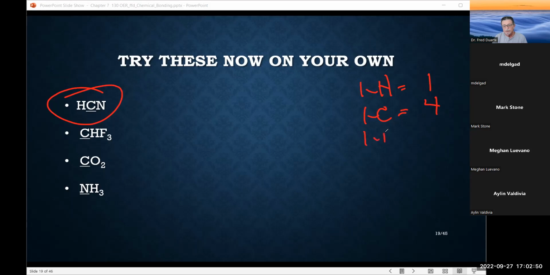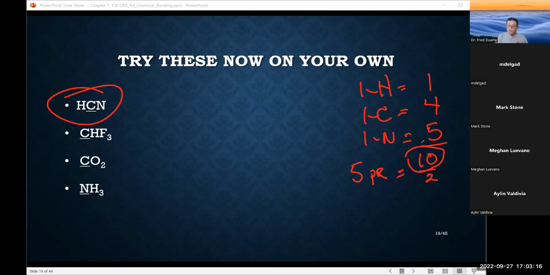And then we have 1 nitrogen, which is in group 5. So we have a total of 10 valence electrons, divisible by 2. We have 5 pair of electrons to work with, or a total of 10 individual electrons.